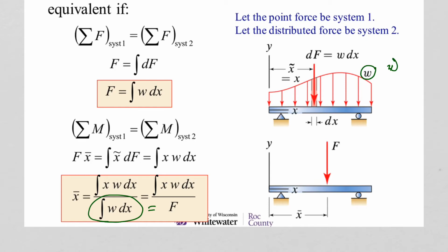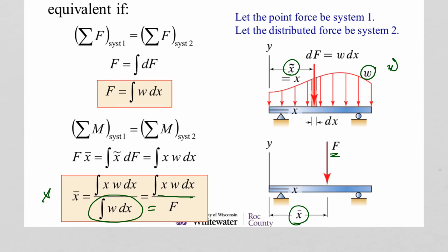So if we want to find where to locate and put this force F, we need to find this x bar value. And we can look at this x tilde again and integrate this equation, and then find out that location. Again, we'll have a formula for integration, and also we can do it in terms of composite shapes if we have some distributed load that is in terms of a composite shape.